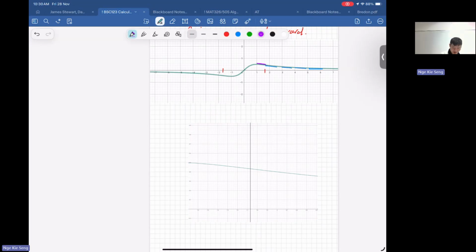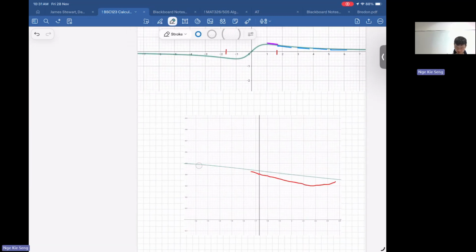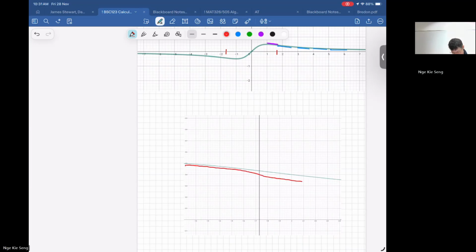Okay, so can you kind of see this curving at the top on the left hand side, and then curving a bit downward after, on the right hand side? A little bit, just a little bit. Very subtle. Okay, so it's kind of an inflection point. Does it make sense?